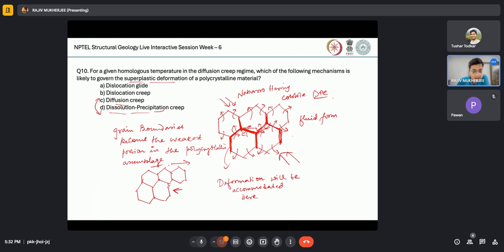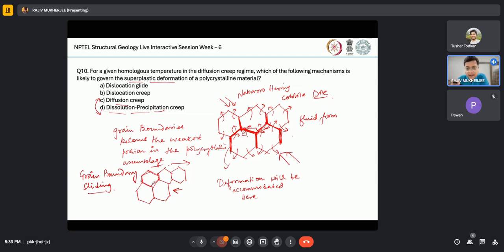And this mechanism is called grain boundary sliding. The entire crystals are just diffusing elements and nothing else is going on.